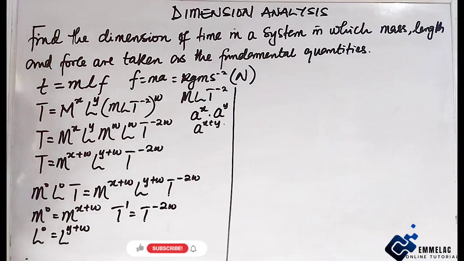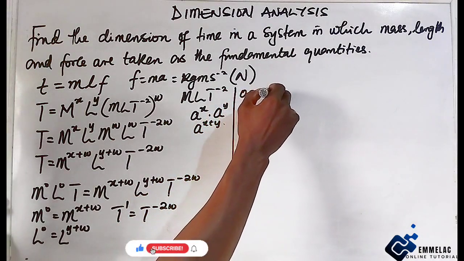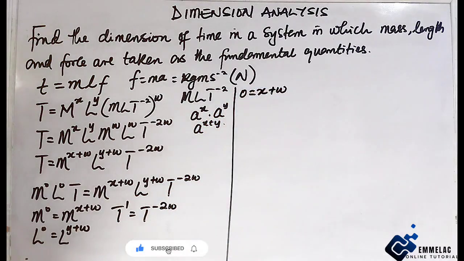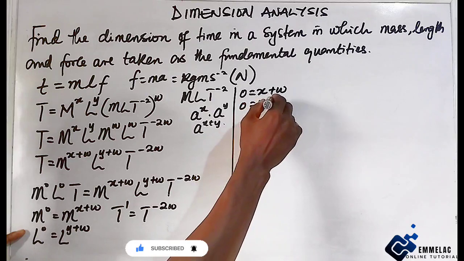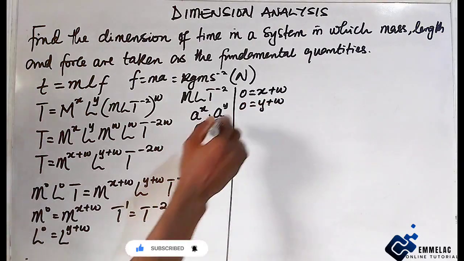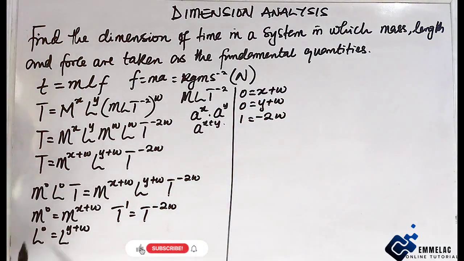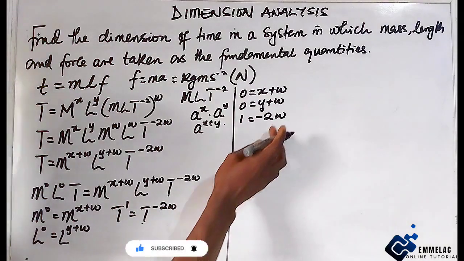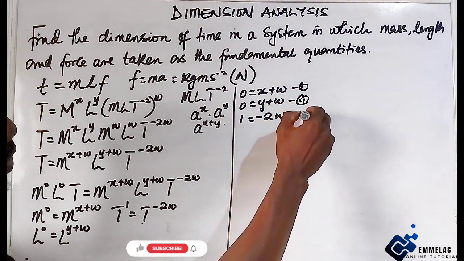So we can say for equation 1 that 0 equals x plus w, equation 2, 0 equals y plus w, and equation 3, 1 equals minus 2w. The reason is, since they have the same base, we can equate their powers.